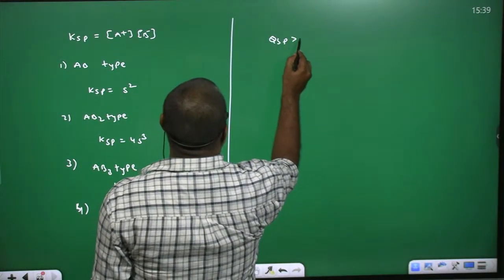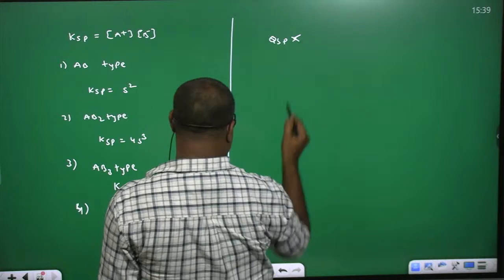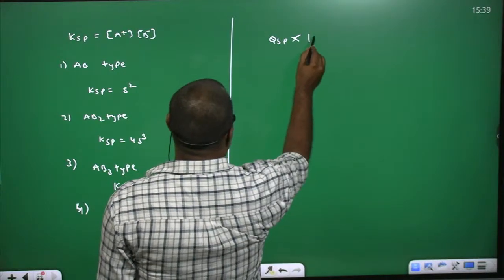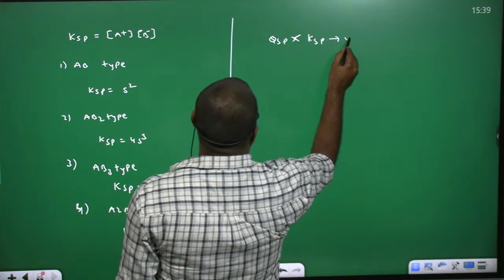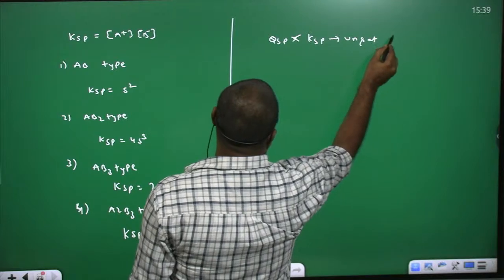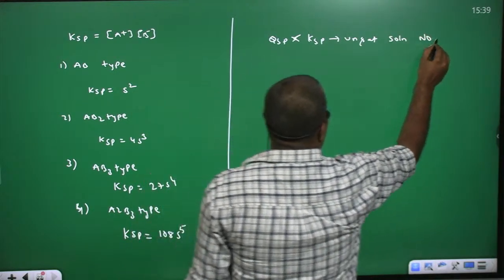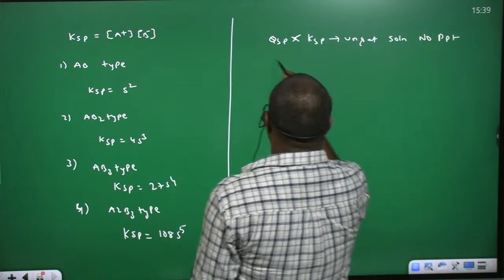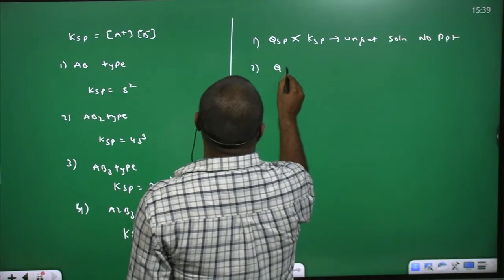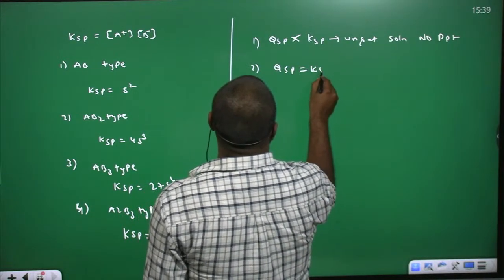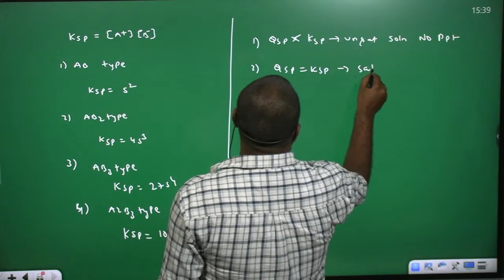The relation between QSP and KSP. If QSP is less than KSP, such solution is unsaturated solution. That means we are not going to get any precipitation. No PPT. If QSP is equal to KSP, such solution is called saturated solution.